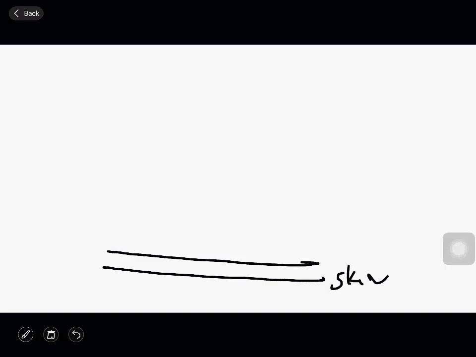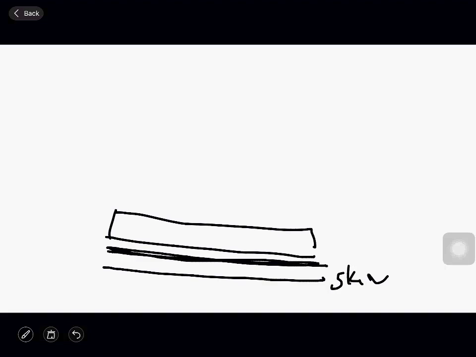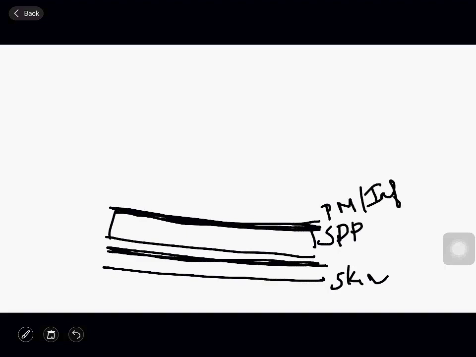I'll summarize for you the layers you should be very clear of. The first layer is your skin. I told you the structure in males and females. Then you have the superficial fascia, with a fatty layer and a membranous layer, that is the Colles fascia. Then you have the superficial perineal pouch. Then you have the strong perineal membrane which is separating, otherwise known as the inferior fascia of the urogenital diaphragm.